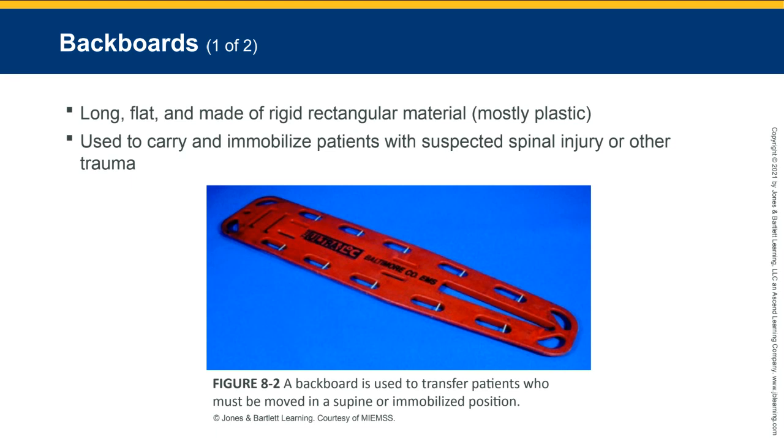But the spine board, think of the spine board as a full body splint. So when you make a decision to use your spine board, you're really thinking about the entire patient. It's a full body splint.